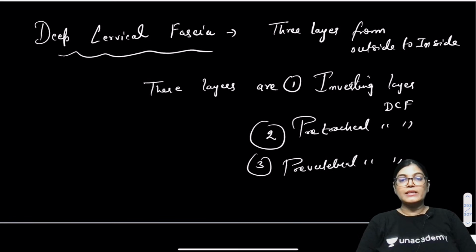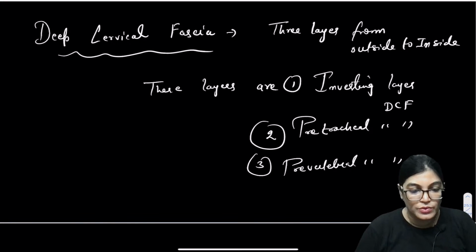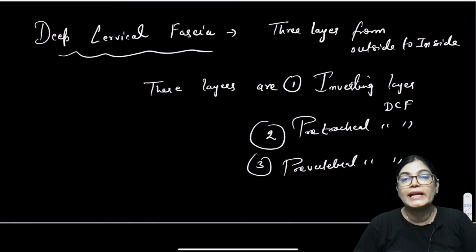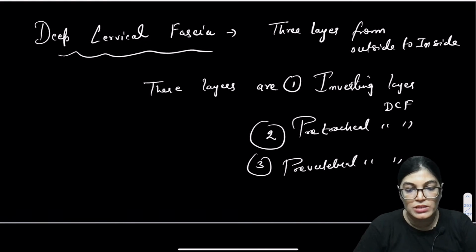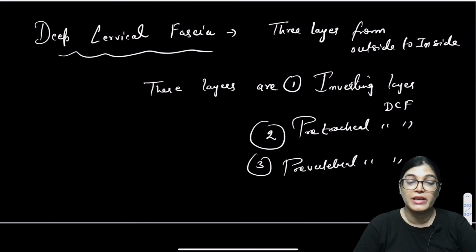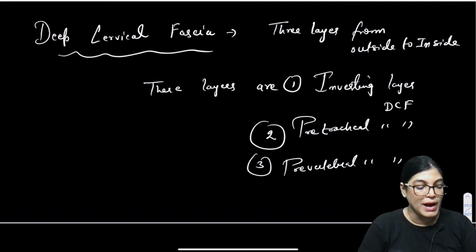These are the 3 layers as one moves from outside to inside, and the space located between the pre-tracheal and pre-vertebral layers forms the visceral component, containing mainly thyroid, trachea and esophagus. The carotid sheath is also derived from the layers, which themselves derive from the investing layer, and it forms the neurovascular compartment.